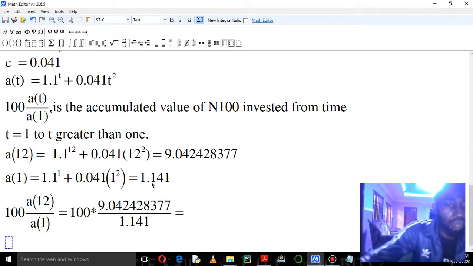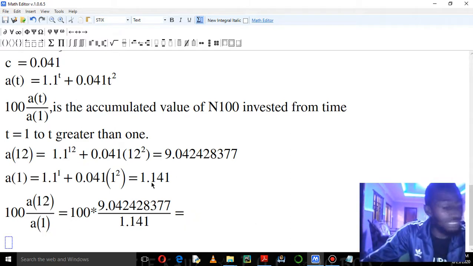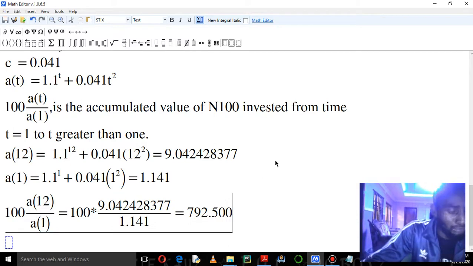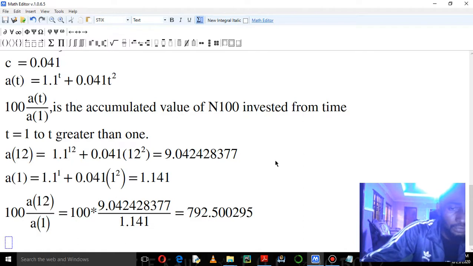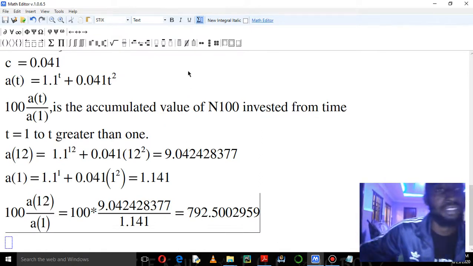If you calculate this, it will give you 792.5002959. So this is your answer. Do you understand? This is the answer. In the next video, I will explain the solution to part B.